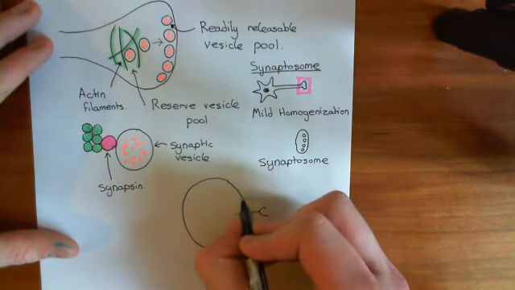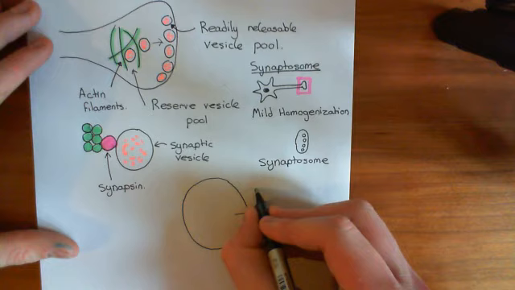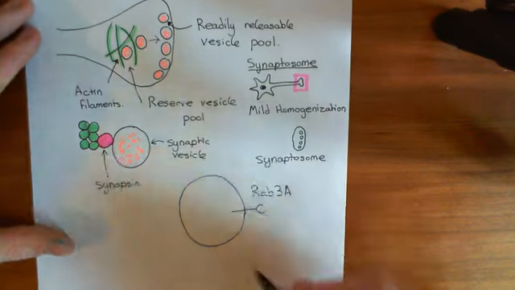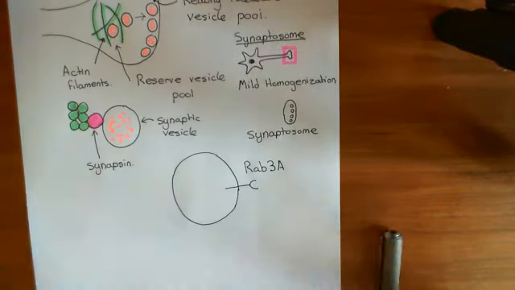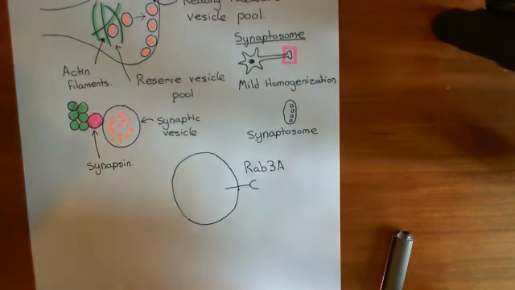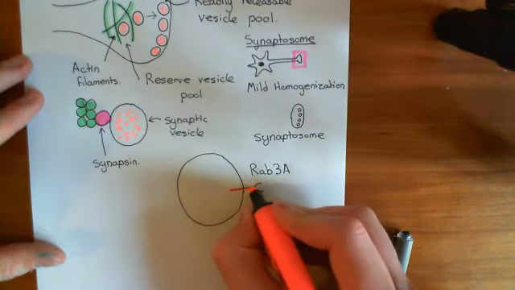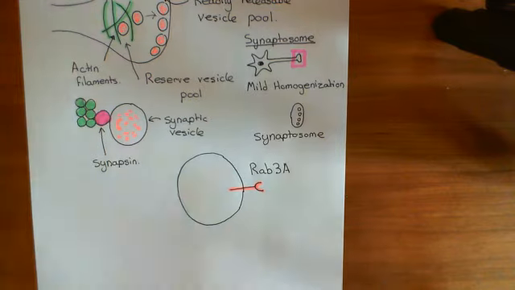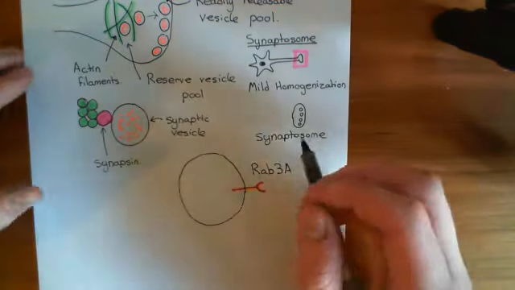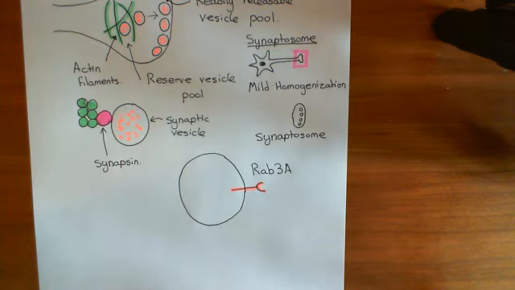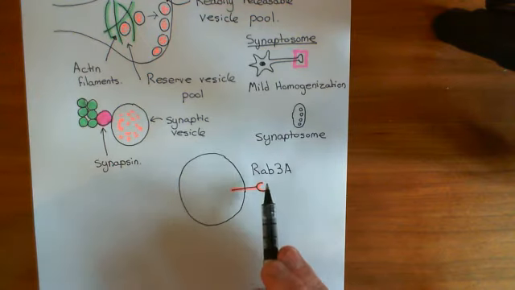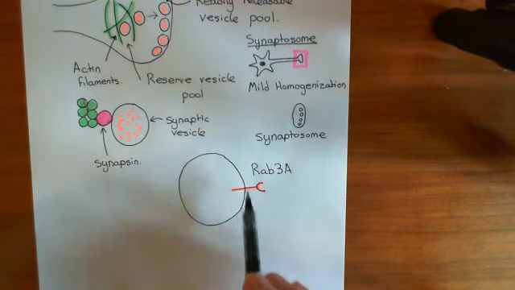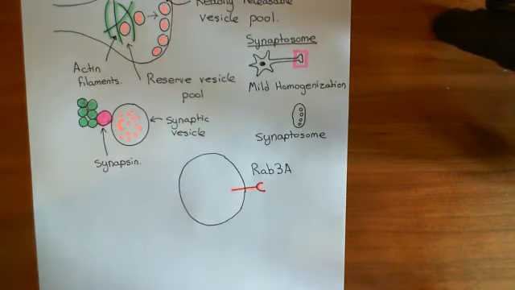This drawing represents the protein Rab3A, and Rab3A is within the membrane of these synaptic vesicles. Now, what is its function? Well, through experiments on synaptosomes, they were able to find that Rab3A drops out of the membrane of the synaptic vesicles when you stimulate this synaptosome.